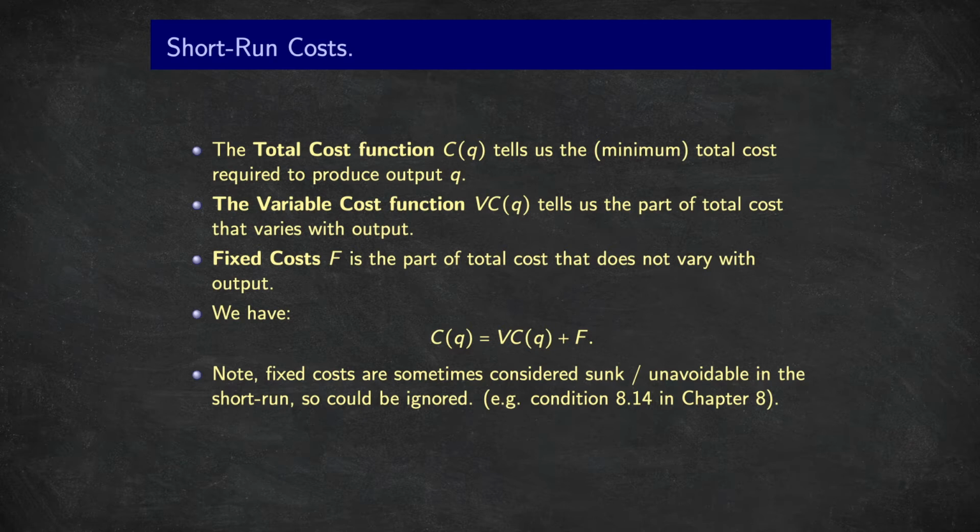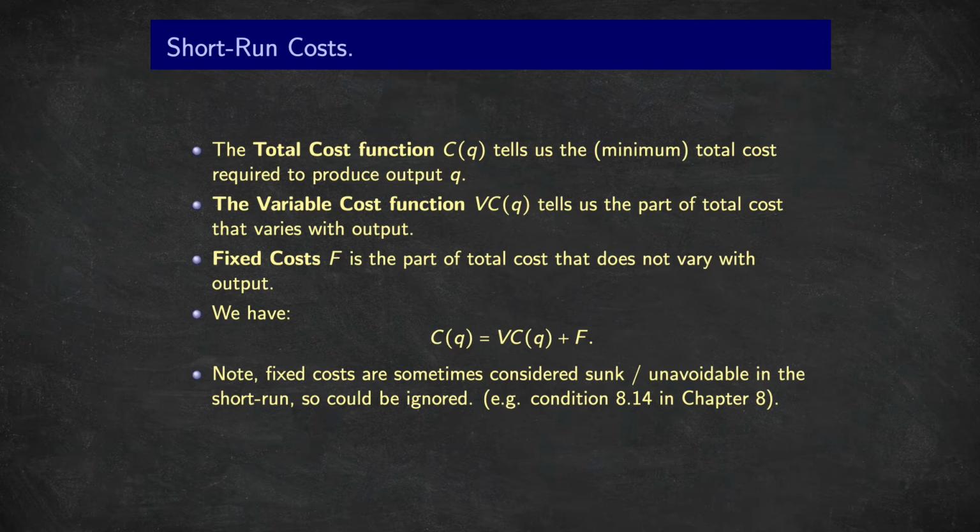So one way of thinking about fixed costs is to say, well, what's the cost of producing zero? Even if the firm doesn't produce anything, maybe I still need to pay a particular rent on my property. I still need to pay many other overhead costs. And since these do not vary as I try to increase my output, we call them fixed costs.